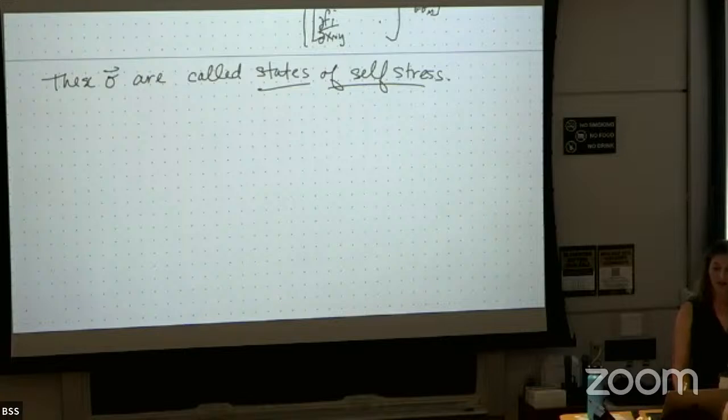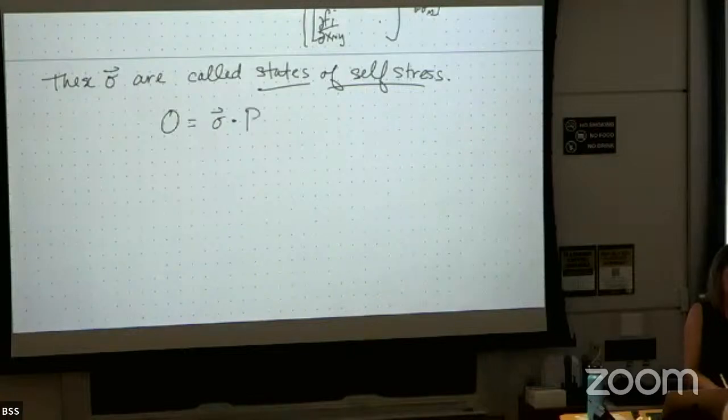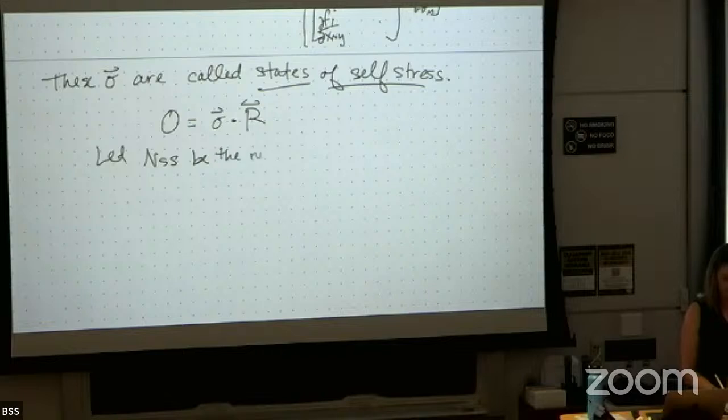They are in the right null space of R transpose, and that means they're in the left null space of R. So equivalently, I could write these sigma this way. All good. Let N_SS be the number of independent states of self-stress.